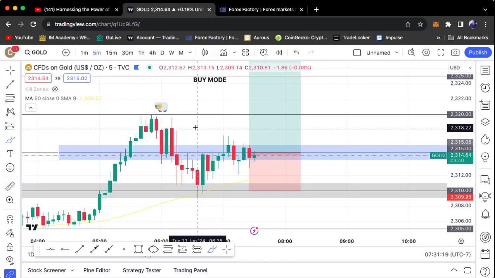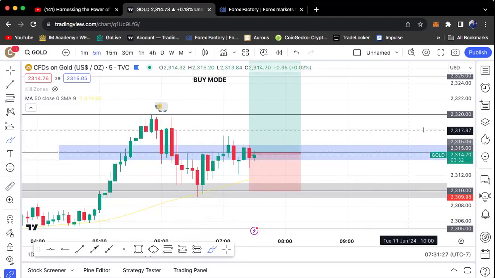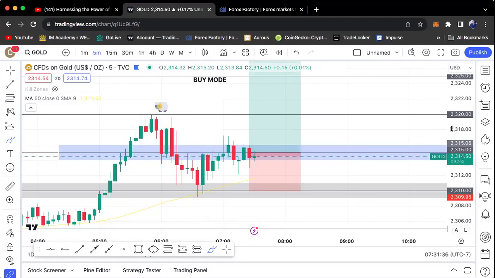If you guys got in with me, let me know. Let me know if you guys got in. Make sure you trade at your own risk. Make sure you have a stop loss.